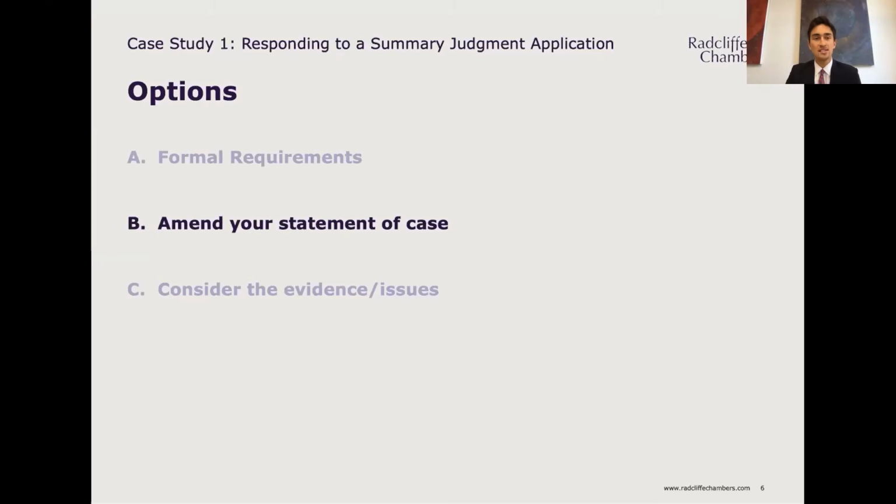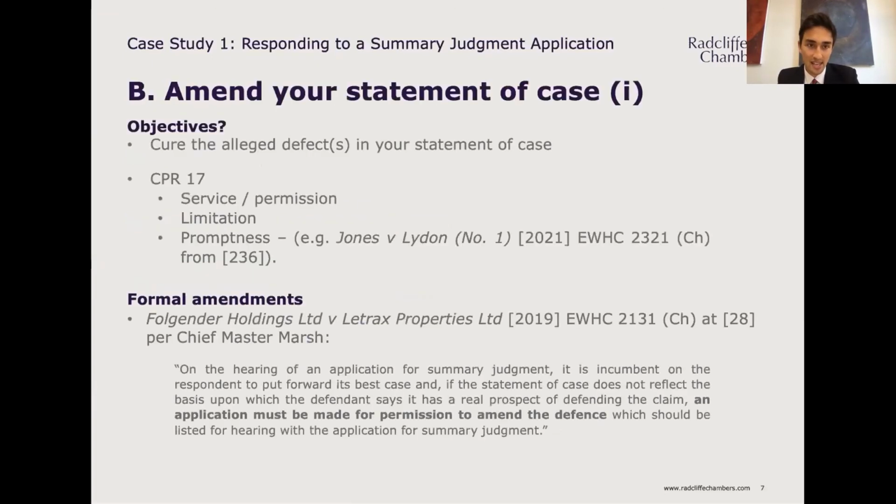Now, the second point is perhaps slightly more complex, and that is the prospect of amending your statement of case. The objective here is to cure the alleged defect. What I mean by that is summary judgment applications almost always allege that something is wrong with the pleading in question, whether that's the claim form, particulars of claim, or the defence.